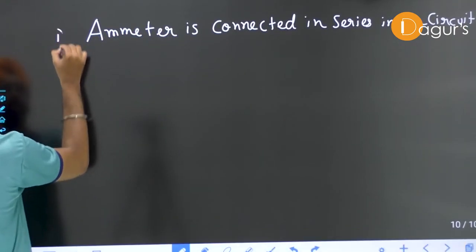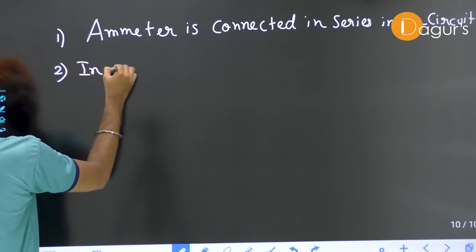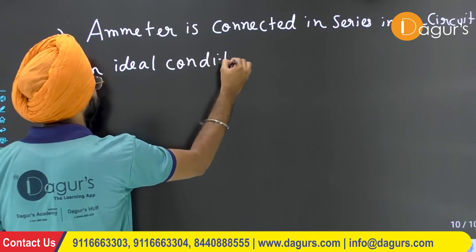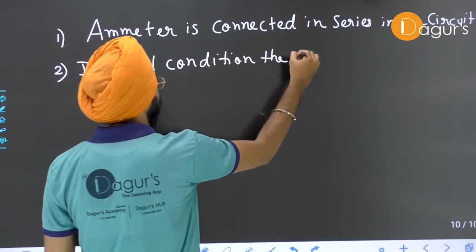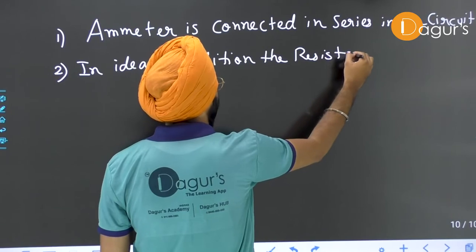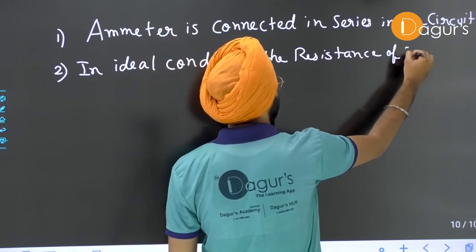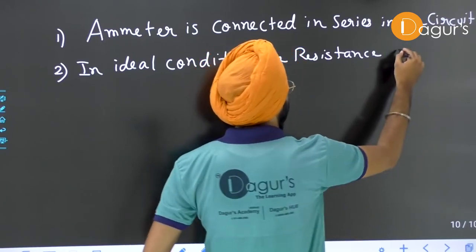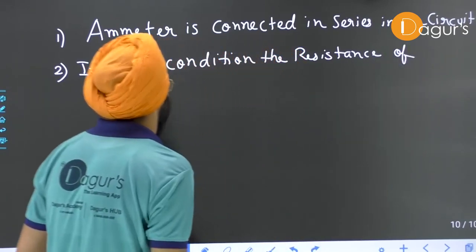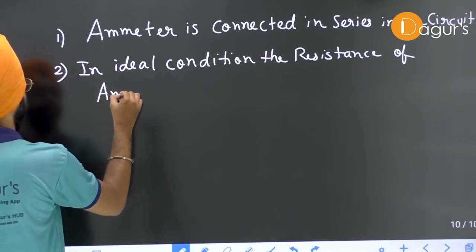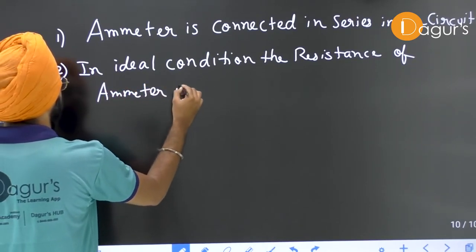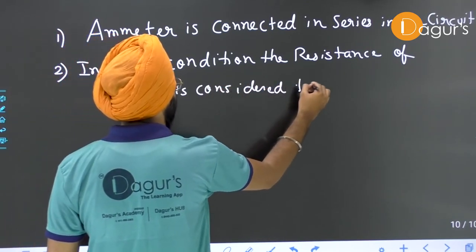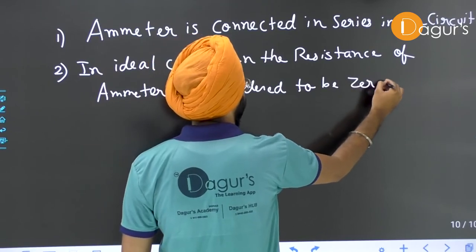And the second point is, in ideal condition, the resistance of the ammeter is considered to be 0.